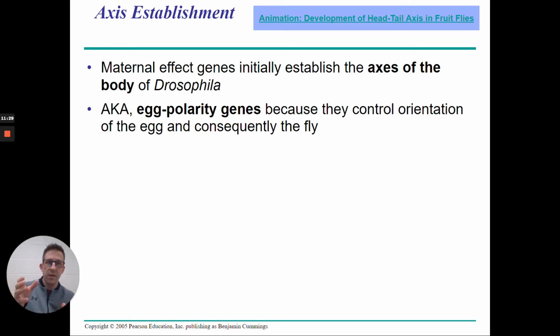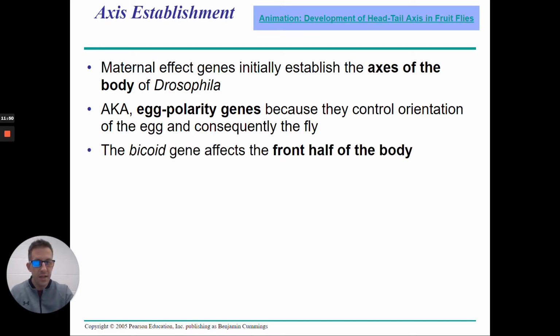The same way you can have a polarity in an egg by saying this side's going to be the head of the developing fly, whereas this side's going to be the butt of the developing fly. So the name of the gene set kind of gives you an indication as to what it does, okay? So maternal effect genes, also known as egg polarity genes, help to control the head and butt region of the fly.